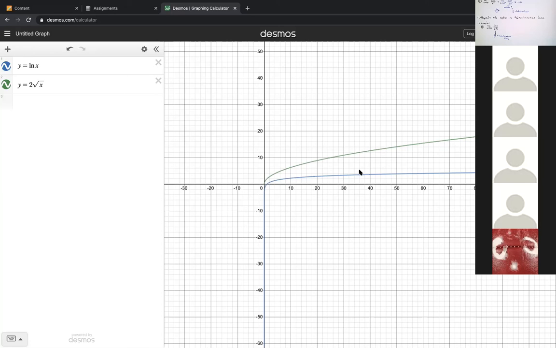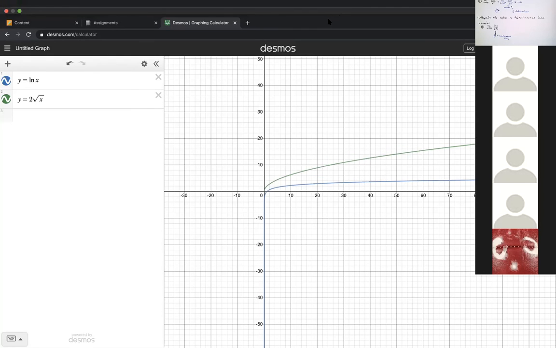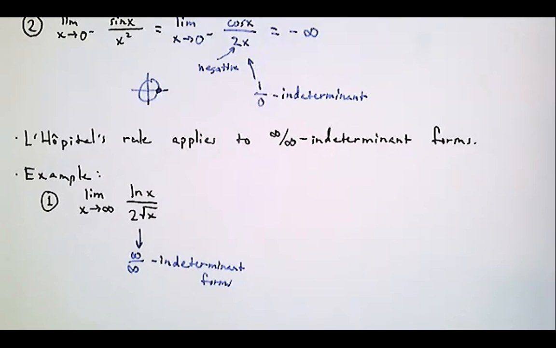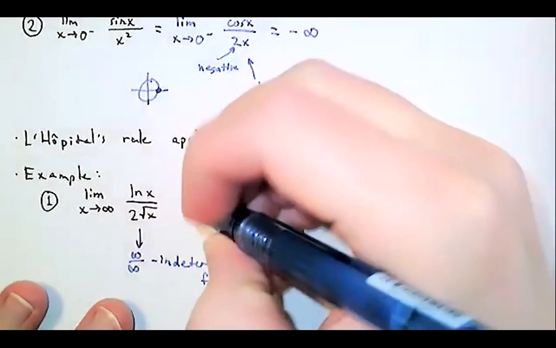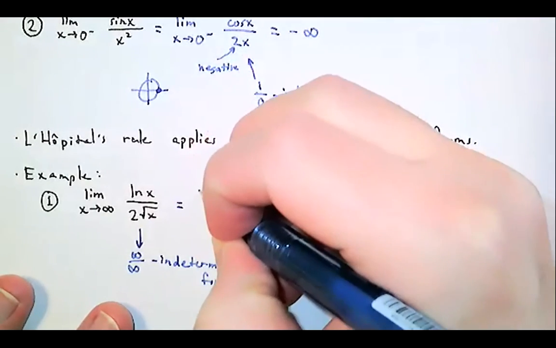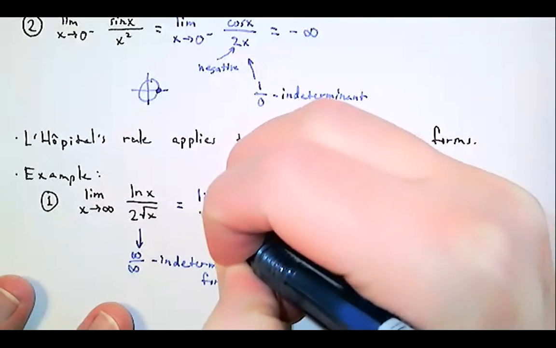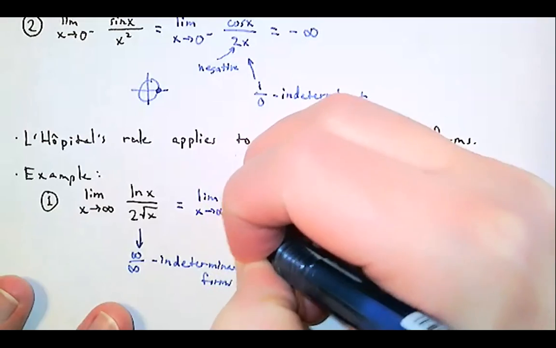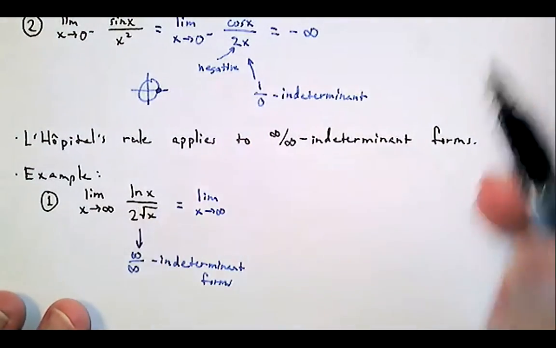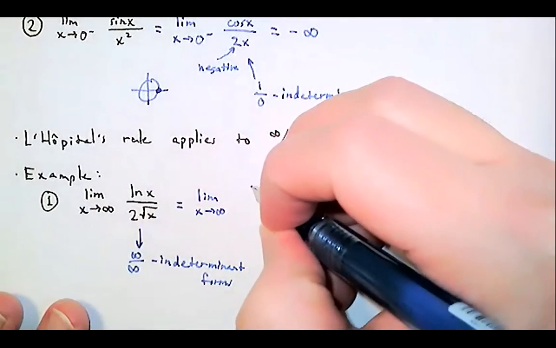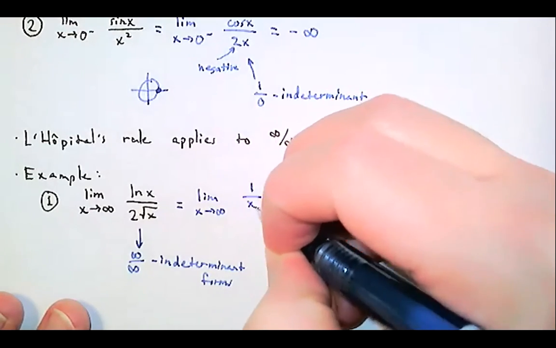So this is an infinity over infinity indeterminate form, and we can use L'Hopital's rule on these. Okay, so the derivative of the natural log is 1 over x.